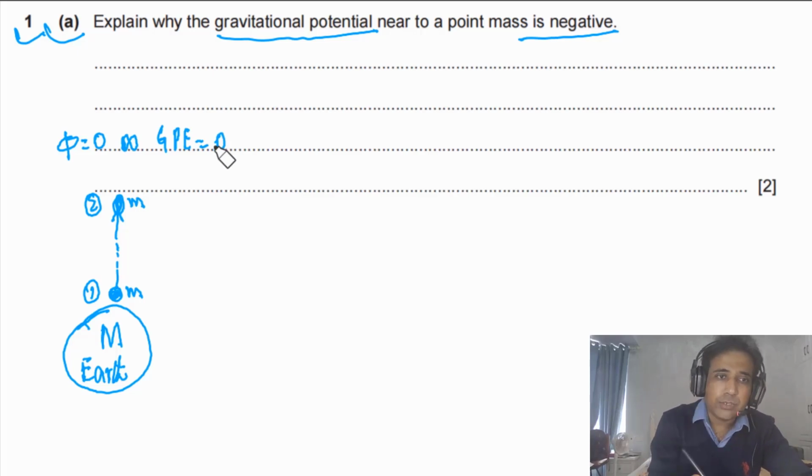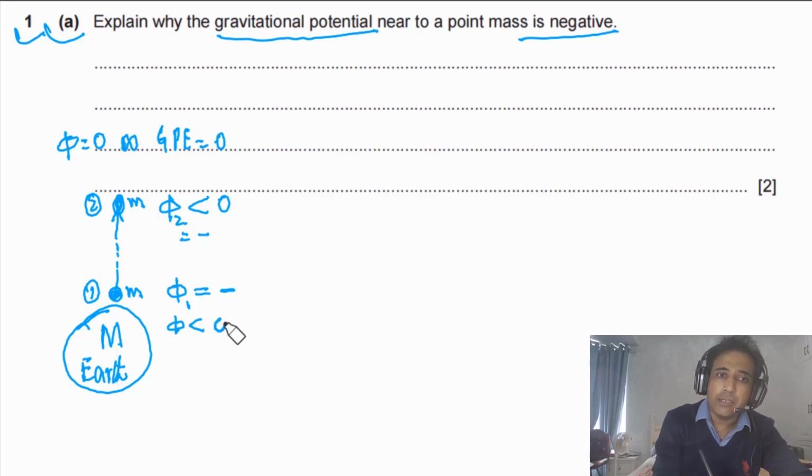Now you need to understand what the value of potential at point 2 is. The potential at point 2 has to be smaller than 0. It means that this has to be negative, and the potential at point 1 has to be even smaller than 0, which means it has to be more negative.